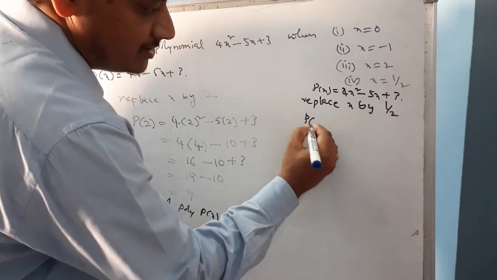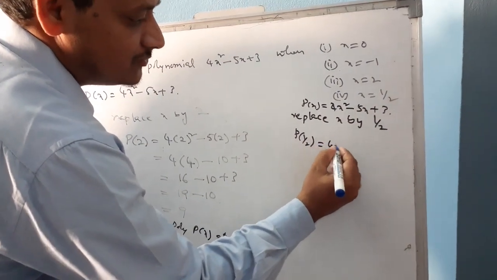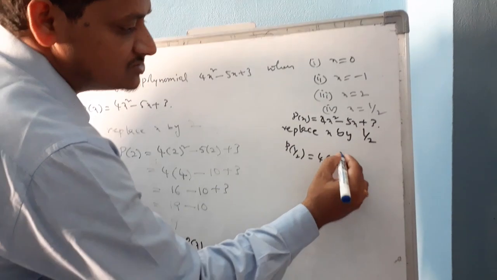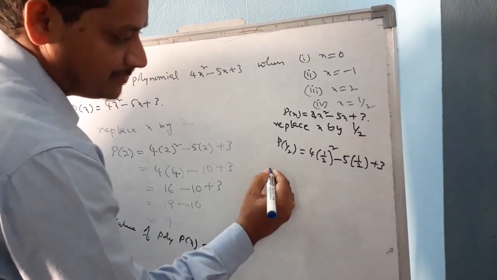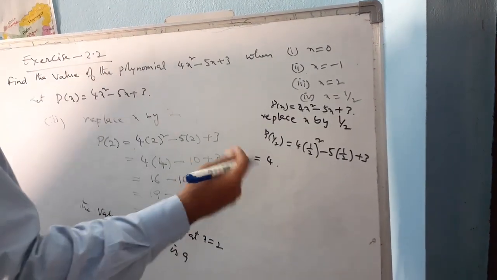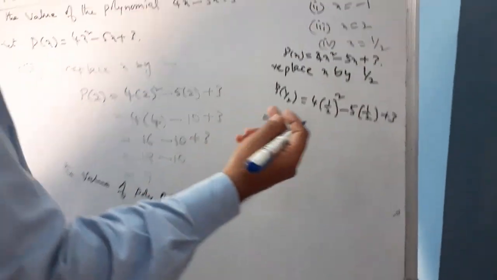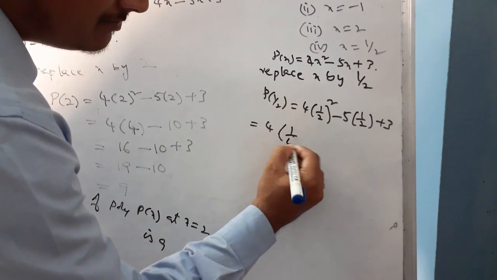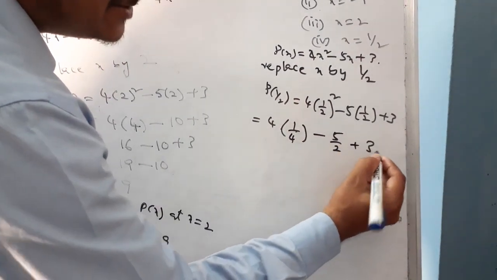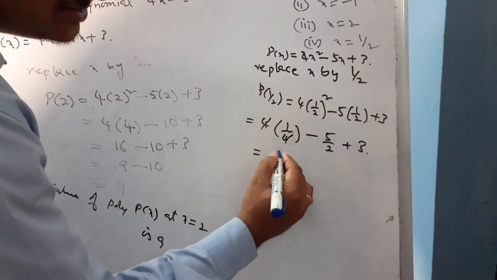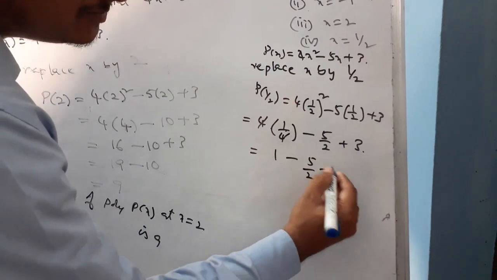So p of 1 by 2 is equal to 4 into 1 by 2 whole square minus 5 into 1 by 2 plus 3. 1 by 2 whole square means 1 by 2 into 1 by 2, that becomes 1 by 4. 4 into 1 by 4 cancels to 1, so 1 minus 5 by 2 plus 3.